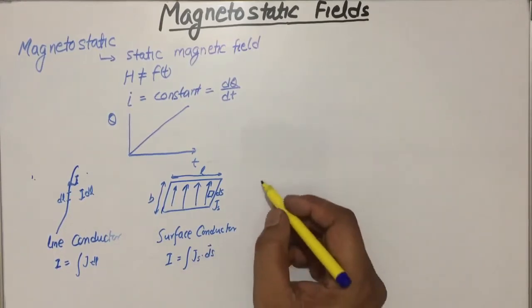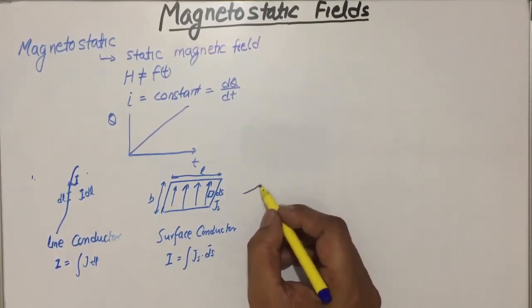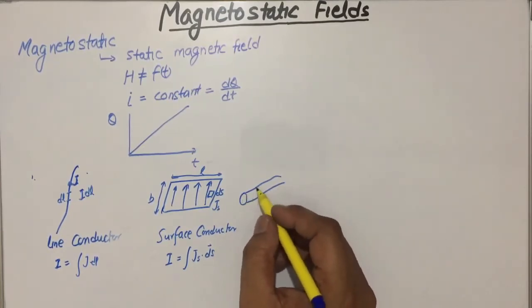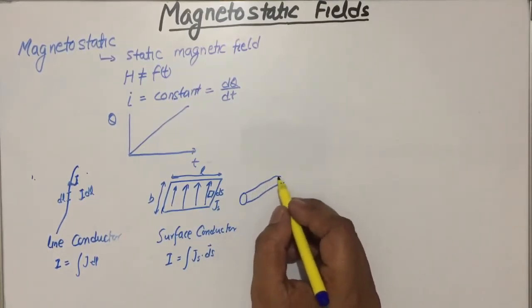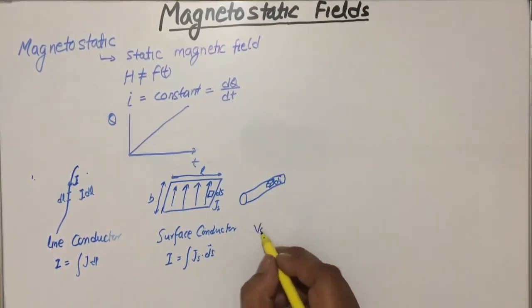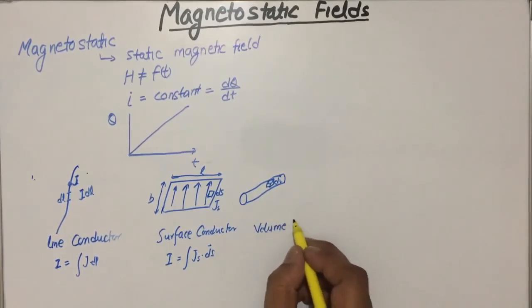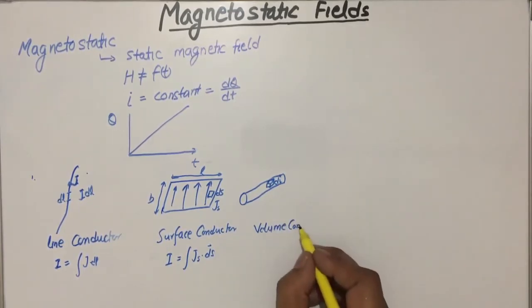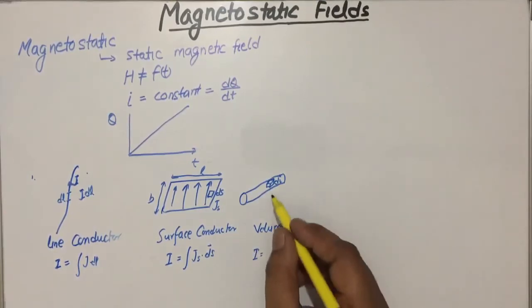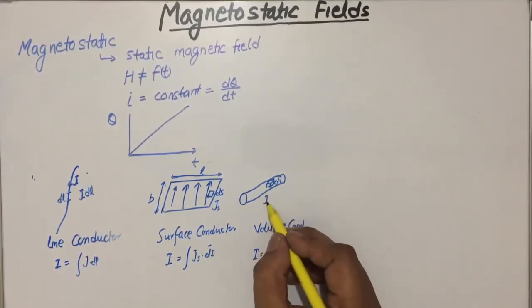Now the third is the volume conductor. There is one conductor having differential volume dV, and in that case we can say volume conductor, and the current density is JV.